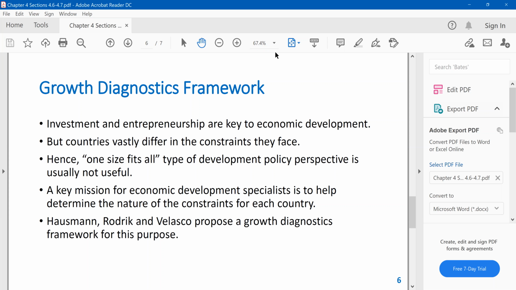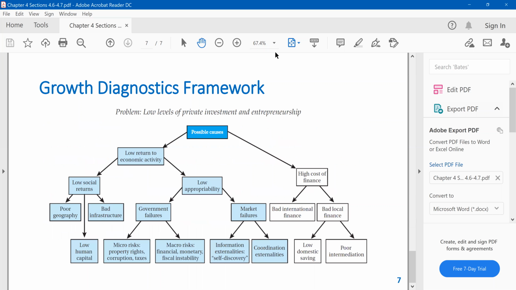All right. So then Hausmann, Rodrik, and Velasco, they proposed this particular approach. So in that approach, you first observe in the private sector, there's a low level of investment and a low degree of entrepreneurship. All right.